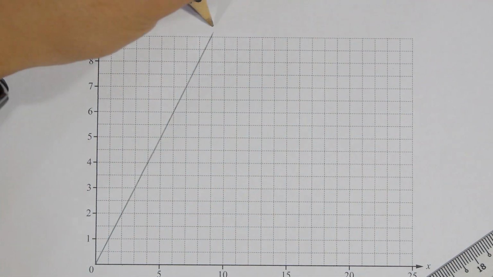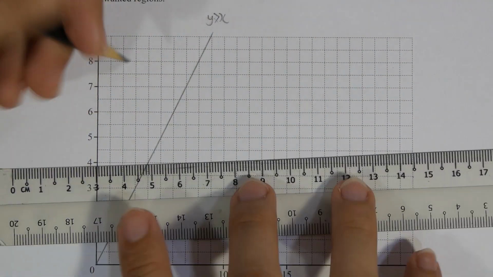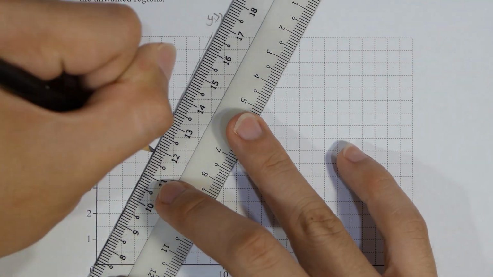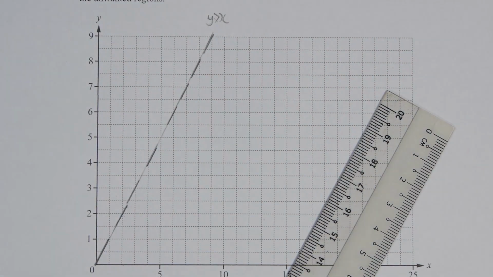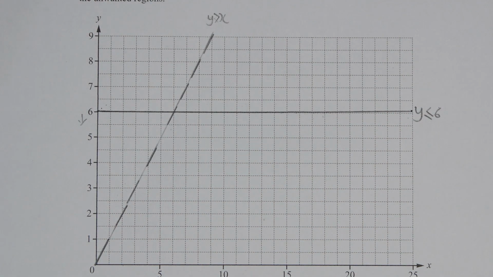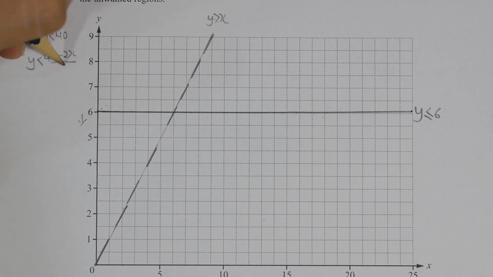With that being said, we are now able to construct the lines at part C. So y less than or equal to 6 is a solid line because of the less than or equal to symbol, whereas the remaining 2 lines will be dotted lines.